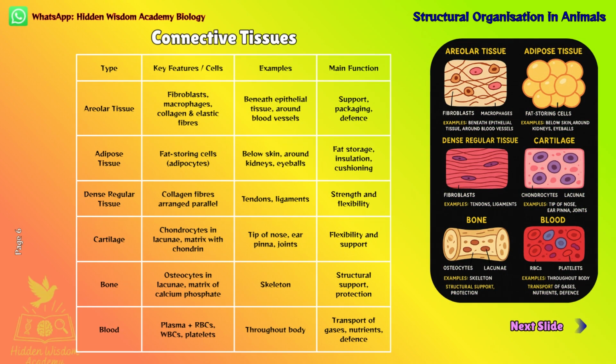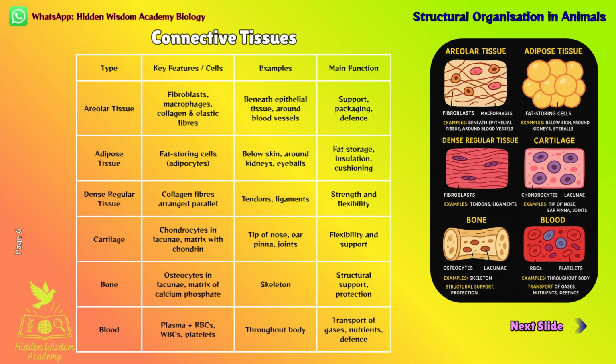Connective tissue binds, supports, and protects other body tissues. Unlike epithelial tissue, its cells are spread out in a matrix, which can be solid, semi-solid, or fluid. Each type has a special role. Areolar tissue fills spaces and supports organs. Adipose tissue stores fat and keeps the body warm.